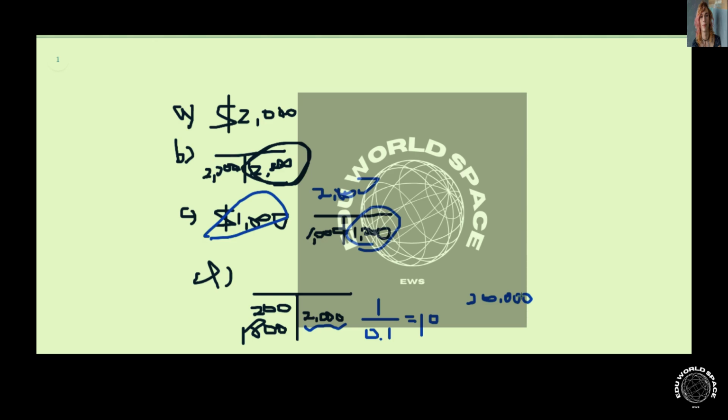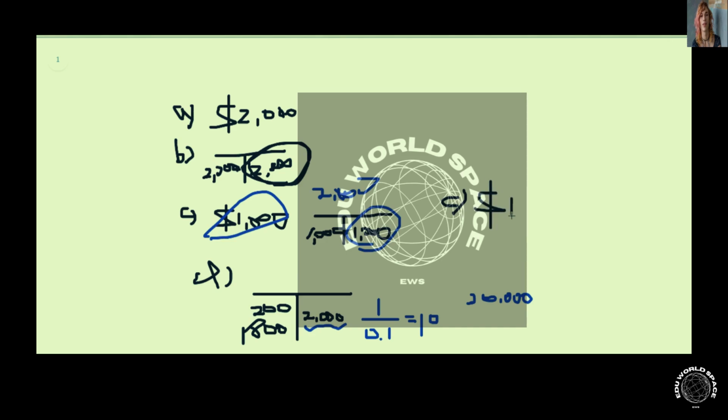Okay, question E. If people hold equal amounts of currency and demand deposits and banks maintain a reserve ratio of 10%, what is the quantity of money? This question is similar to C. What is similar here is that we have this 1,000 cash.